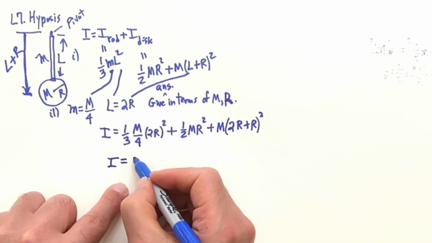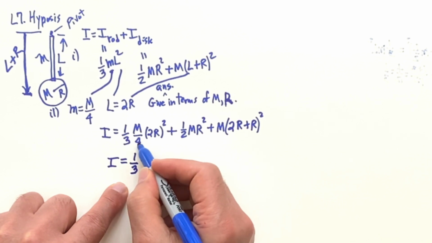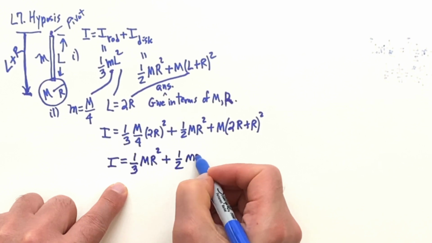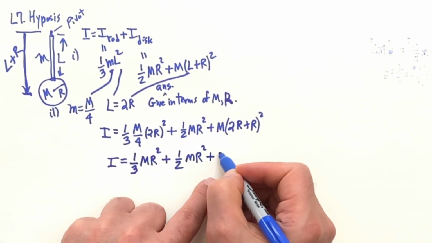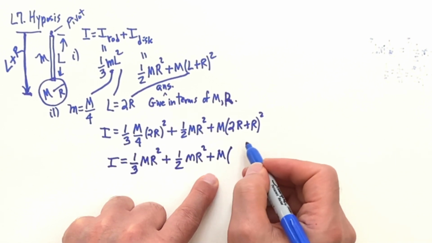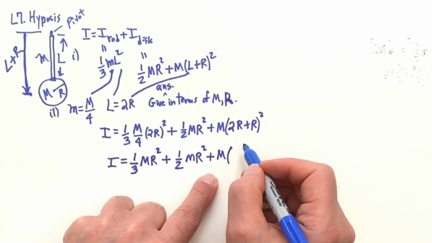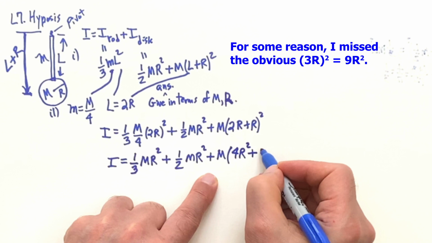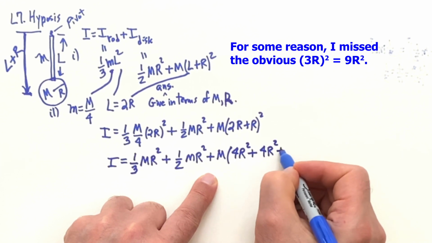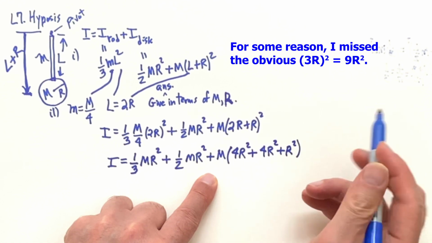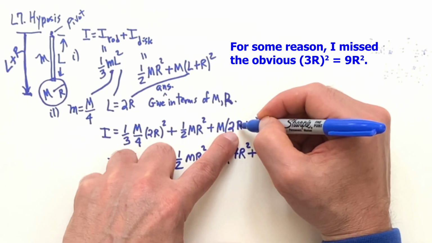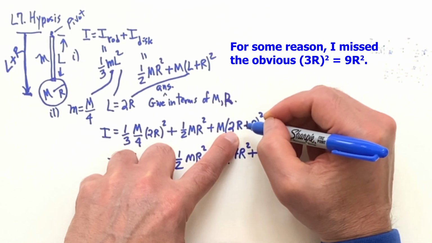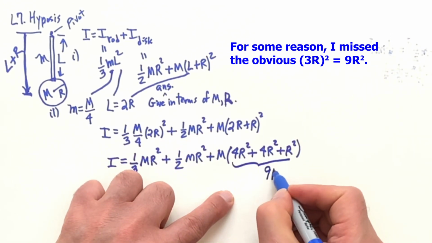That 2 squared is going to kill that 4, so that's going to be 1/3 MR squared plus 1/2 MR squared plus M times, well, let's work this out now: 4R squared plus 2 times the cross term, which is 2 times 2 is 4, R squared, plus R squared. So this here is 9R squared.